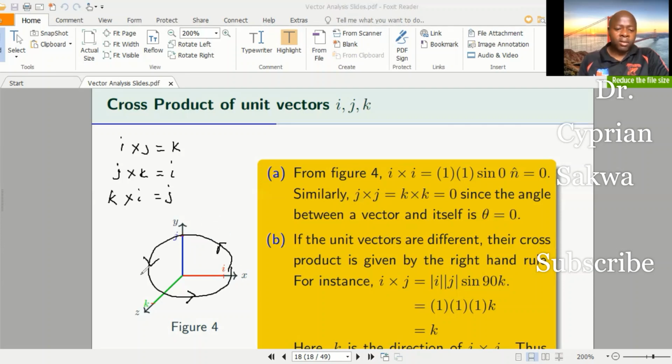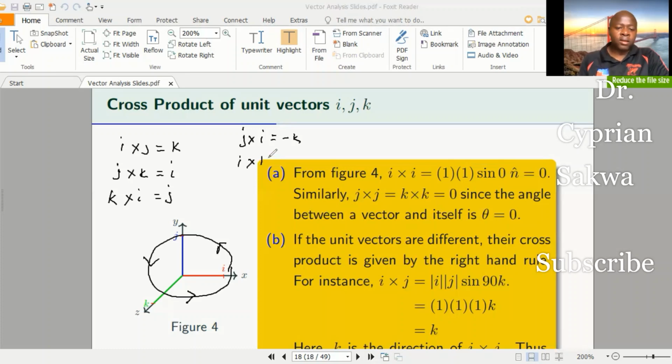Now what about the other direction? What do you get when you multiply J times I? Do you get K? No, of course, you're going the other direction. What you're supposed to get is negative K. And what about I times K?